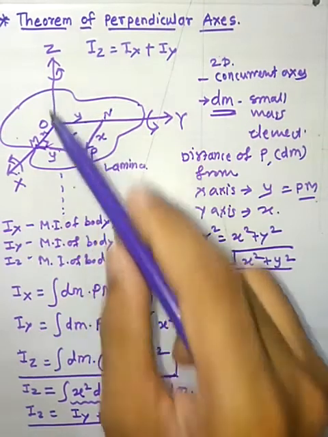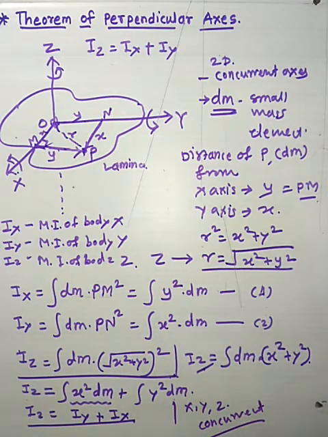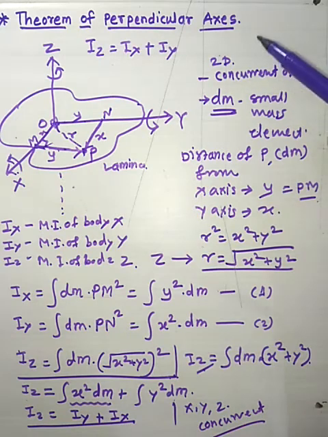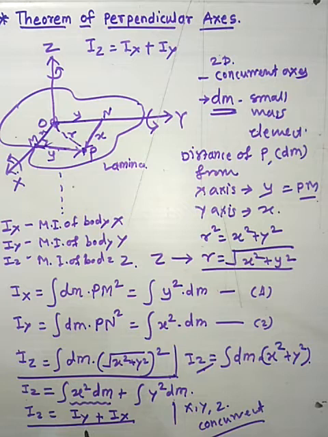The z axis is perpendicular to both of these, and again these x, y and z axes are concurrent to each other. So Iz is equal to Ix plus Iy. It is the theorem of perpendicular axis. It states that the moment of inertia of any body about the z axis or perpendicular axis is equal to the summation of the moment of inertia of that body about the x axis and the moment of inertia of the same body about the y axis.